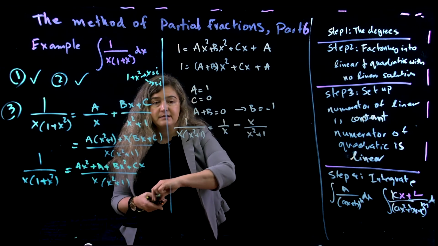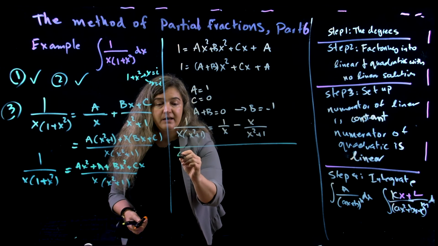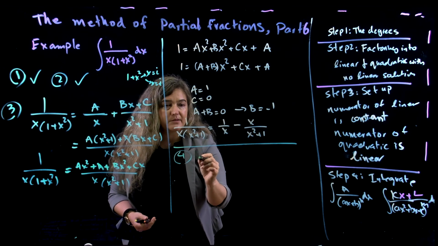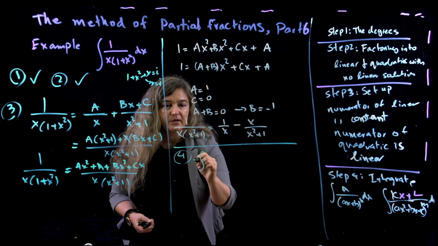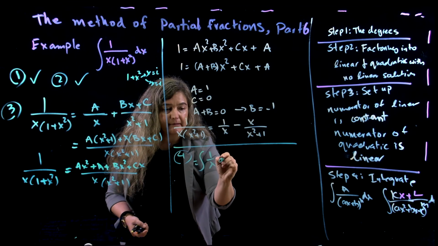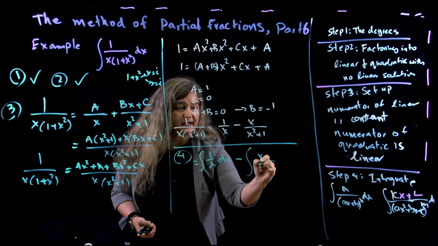Now take the antiderivative of that. That's the next step. And so the antiderivative of this is going to be the antiderivative of the first term minus the antiderivative of the second term.